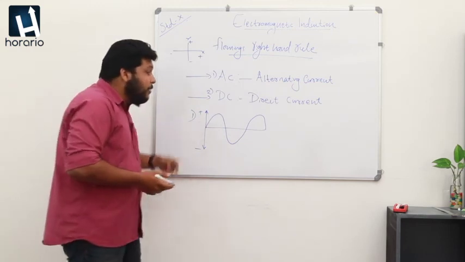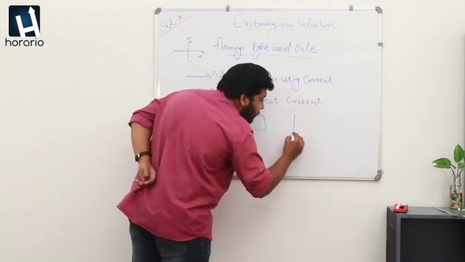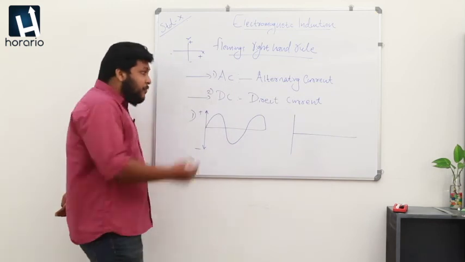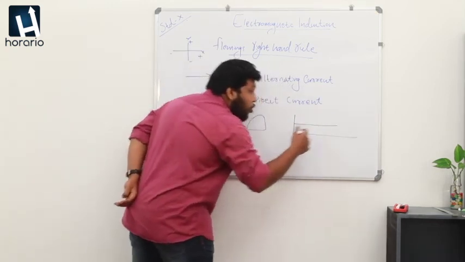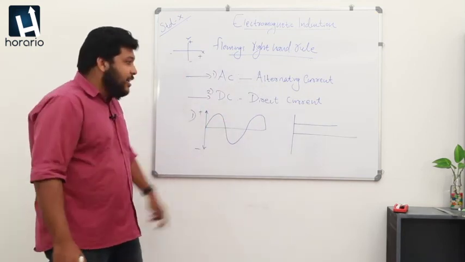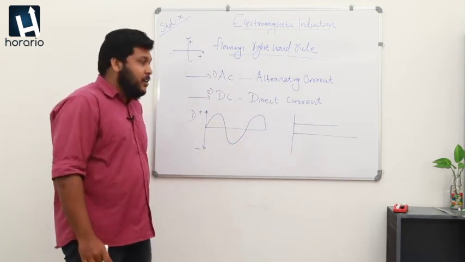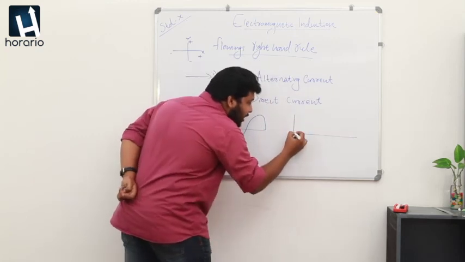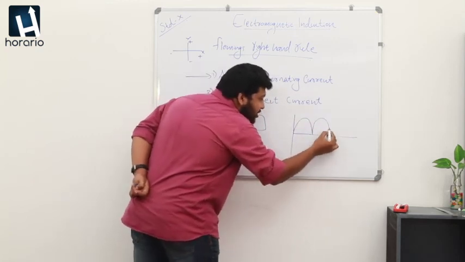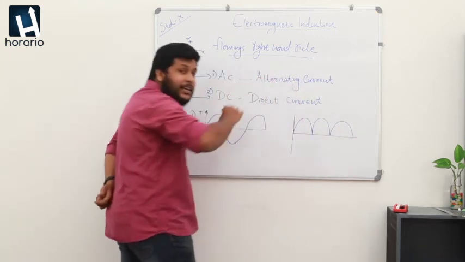Okay, then what is the reason for the name direct current? From the name itself, we can say that the current which is not changing its direction is known as direct current. For easier understanding, we can draw the current which is not changing its direction.